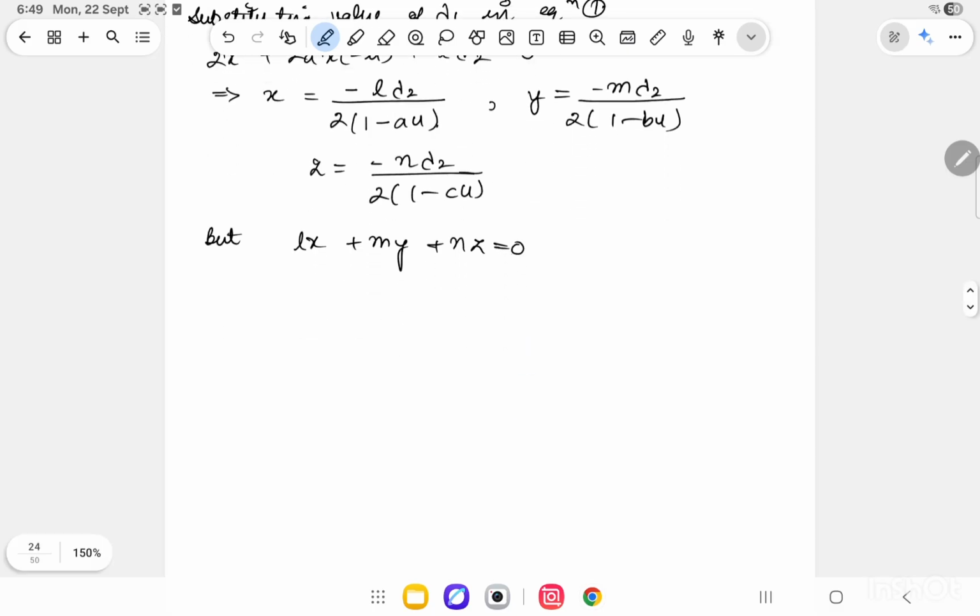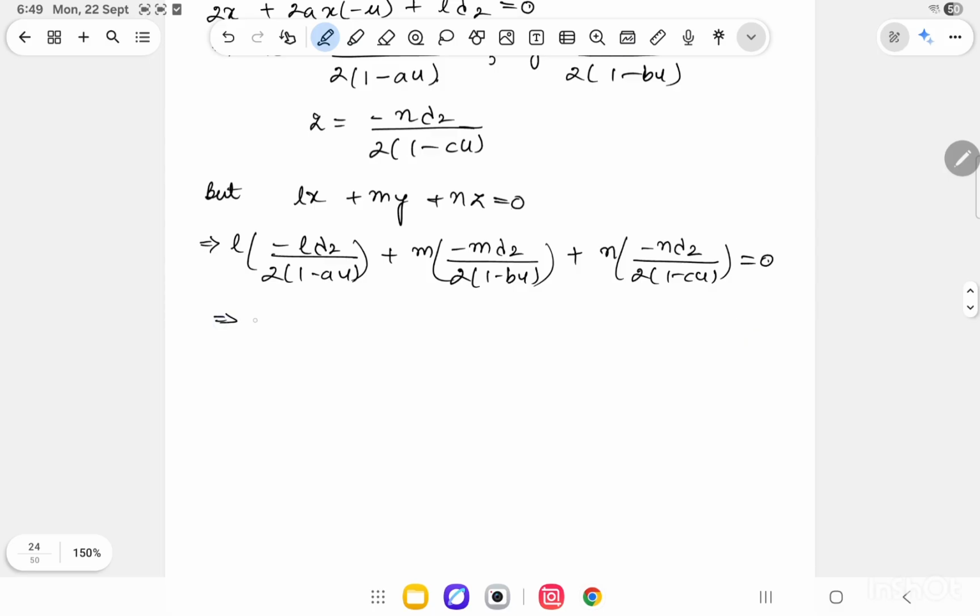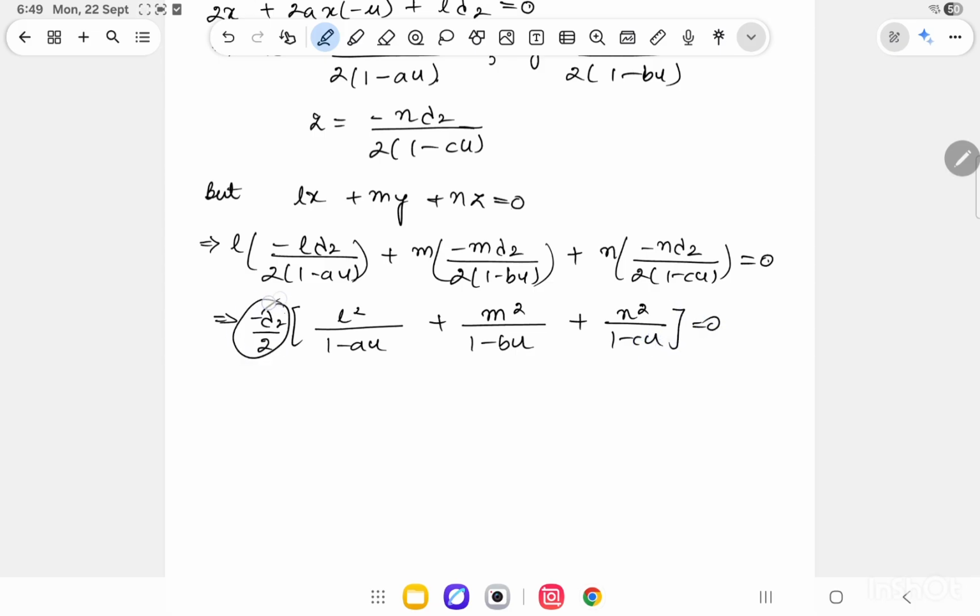So if I substitute these values of x, y and z here, I'll get l into minus l lambda 2 by 2 into (1 minus au) plus m into minus m lambda 2 divided by 2 into (1 minus bu) plus n into minus n lambda 2 divided by 2 into (1 minus cu) equals 0. Taking minus lambda 2 by 2 common, I'll be left with l square by (1 minus au) plus m square by (1 minus bu) plus n square by (1 minus cu) equals 0, and the common factor is just a constant term.